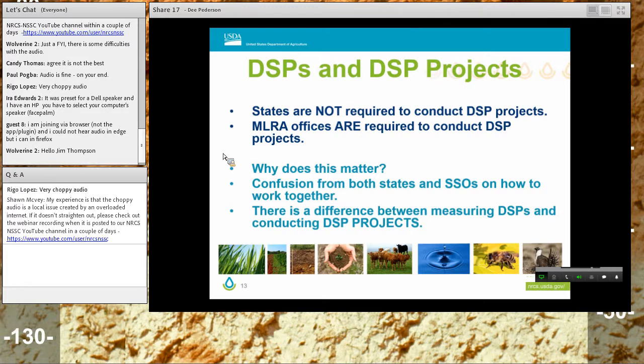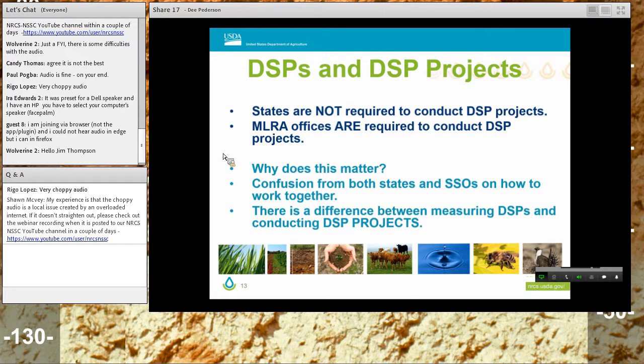There's confusion on both sides, it seems, about how to work together sometimes. There is a difference between measuring dynamic soil properties and conducting a dynamic soil property project. It's important for staff to understand how DSP project data will feed conservation planning. The broad operational purpose and the soil survey goal is the development of a national data set composed of ranges of DSPs for different soils under different management scenarios.